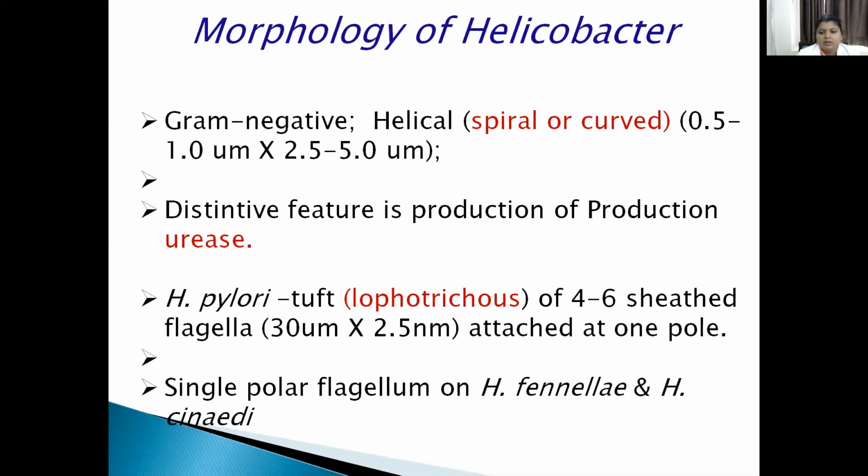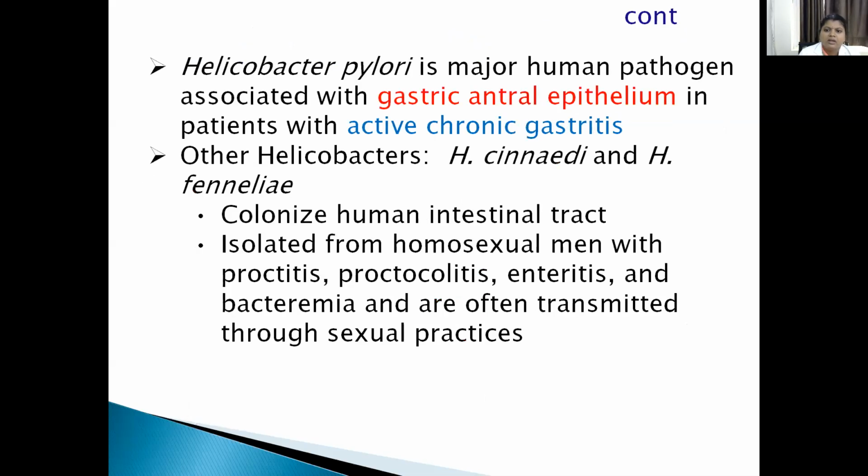Another important feature is that it does not metabolize sugars and does not reduce nitrates. As I already told, the most common site for Helicobacter pylori is the gastric antrum, where it produces chronic superficial gastritis.